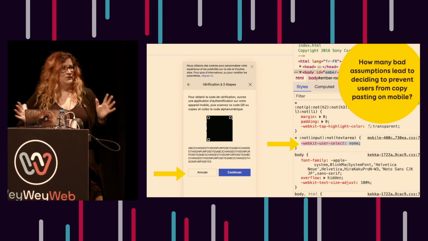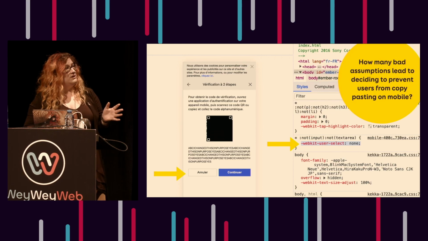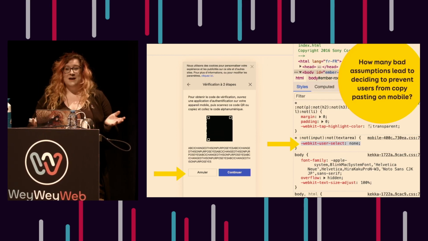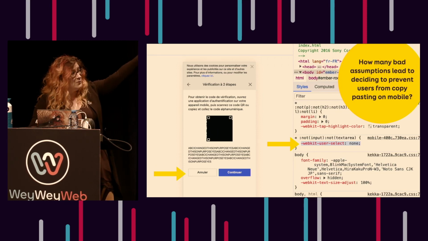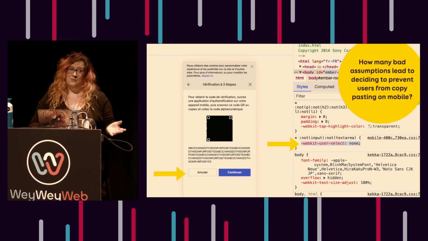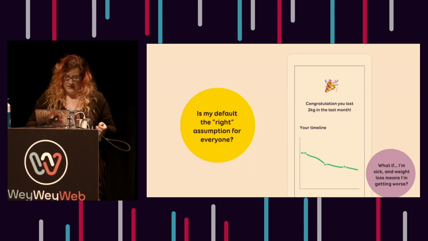I would love to know what happens, how many assumptions went into deciding that we need to stop people from copy-pasting stuff in mobile. I was like, yeah, maybe it works for most of your site, but once they actually need to copy-paste it, to authenticate, they can't. So be super careful about assumptions because it will bite you at some point somewhere.